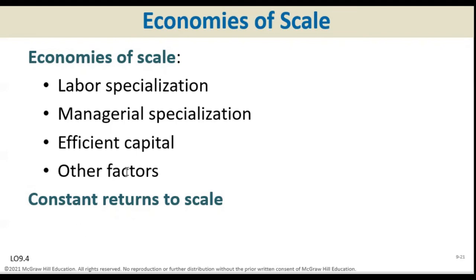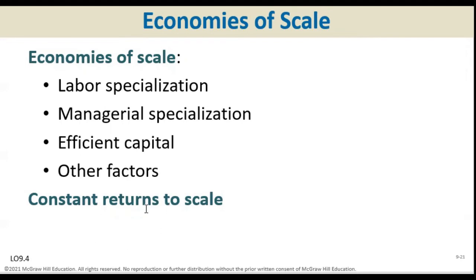Right. Other factors can also lead to economies of scale, right? Things such as design, development, advertising, right? All those costs are spread out over the larger quantity that you produce.